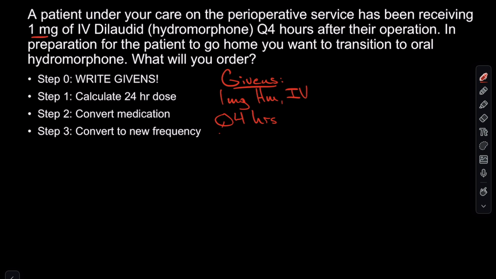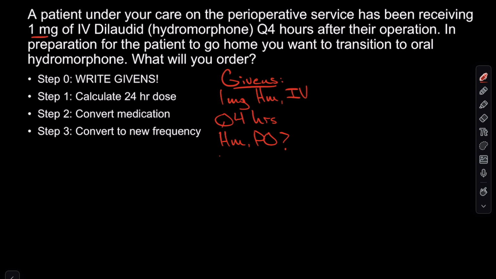So what we're trying to calculate is hydromorphone PO?